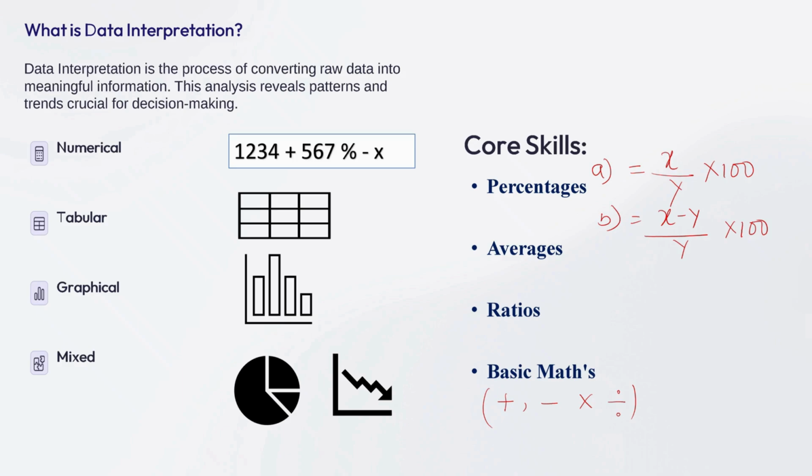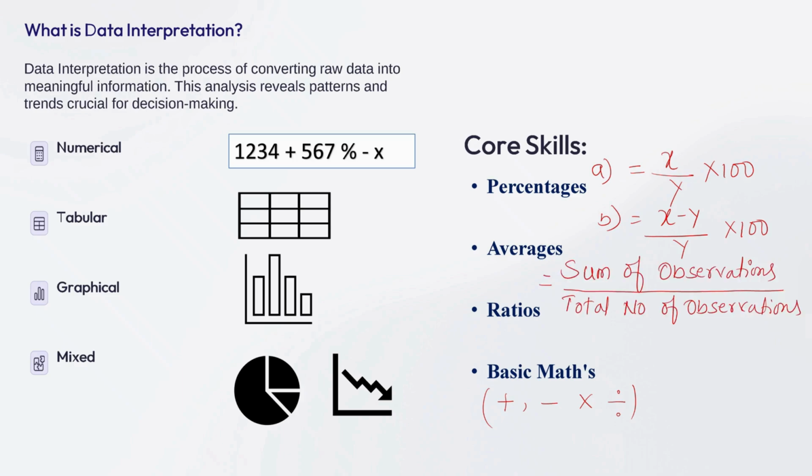In that format, they may ask questions based on percentages. Coming to the average, it is the sum of observations divided by the total number of observations. That is the formula for an average. And as you know, ratios and the basic maths. So these are all the core skills that are very important to crack data interpretation.